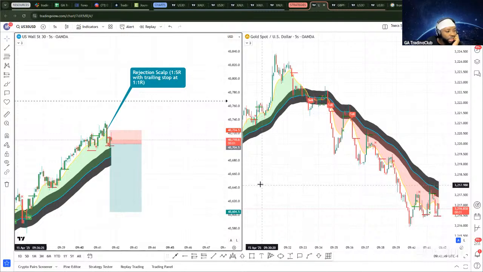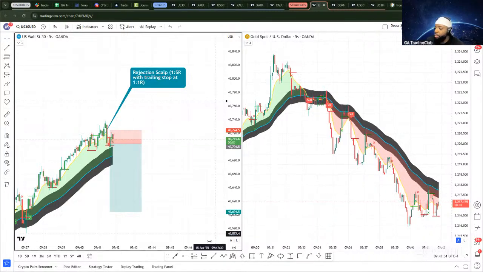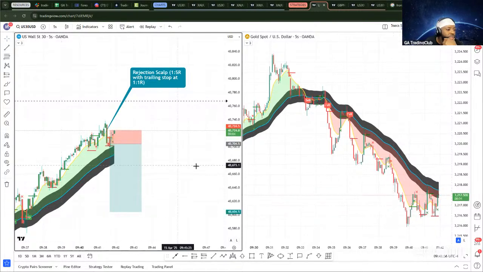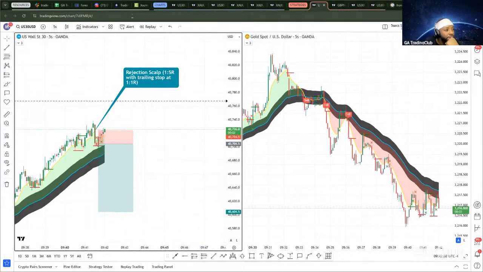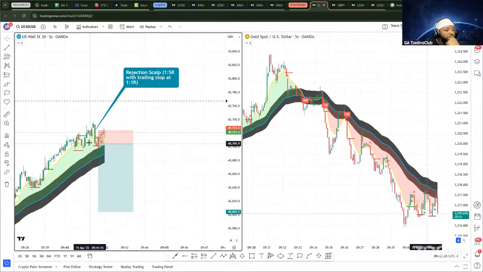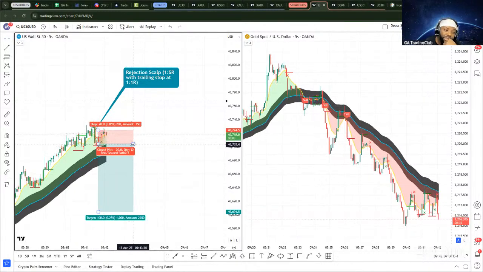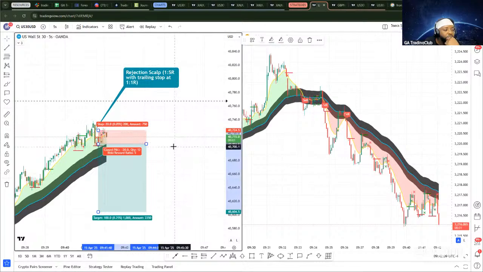Let's see if we get some pushback. Okay, so this one got stopped out. Ah, this big candle. But anyway, this one got stopped out. It was based off of that monthly, but I still expect pushback to the downside.